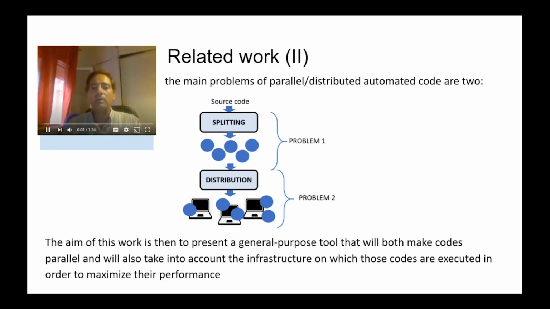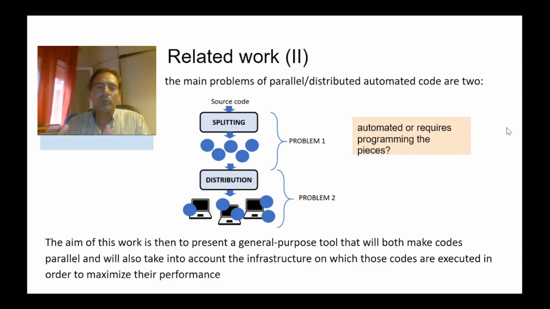There are two main problems in parallel and distributed computing. The first one is the splitting: split the original source code into a set of small pieces. And the second problem is how to distribute these small pieces of code into a set of machines in order to execute all together in parallel. So for the first problem, the splitting, some tools require the programming of the small pieces by the programmer, not automated.